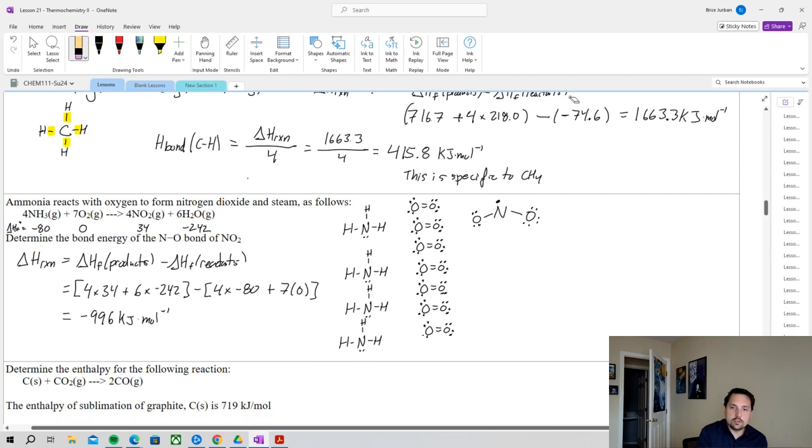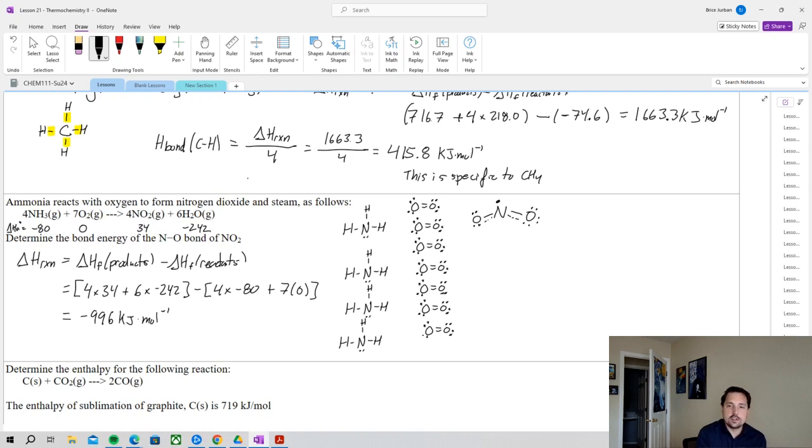So what I'm going to do is draw the resonance hybrid here. And the nitrogen-oxygen bond for NO2 is actually of bond order 1.5. So it's like a mix of a single and a double bond. So overall we have 1, 2, 3, 4, 5, 6, 7, 8, 9, 10, 11, 12, 13, 14, 15, 16, 17 electrons that are drawn here.